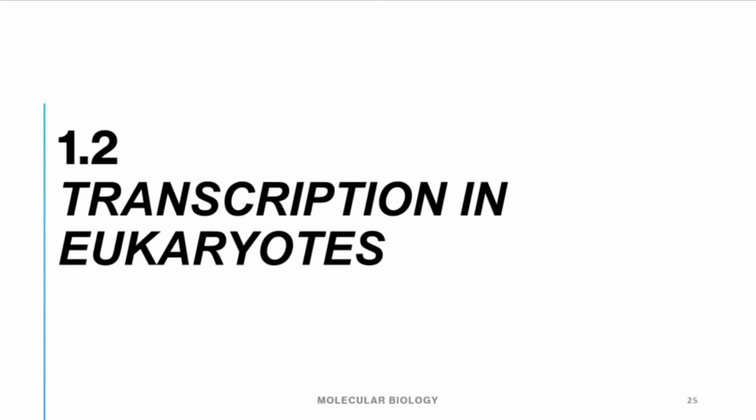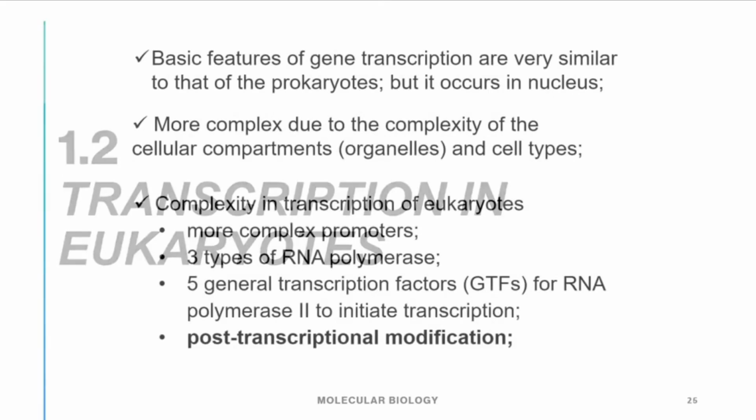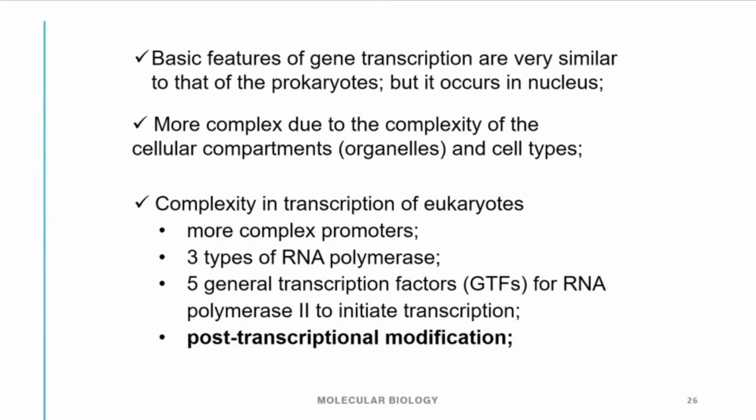Okay, let's take a look at what happens in eukaryotic cells. Now, as the eukaryotic cells have the cell nucleus, you can imagine that the transcription process takes place inside the cell nucleus. The basic features of the transcription process in eukaryotic cells are very similar to the prokaryotes.